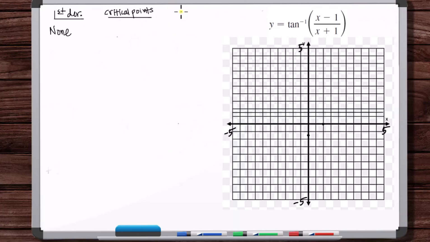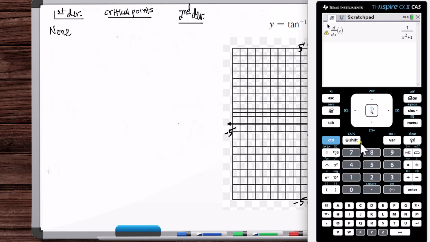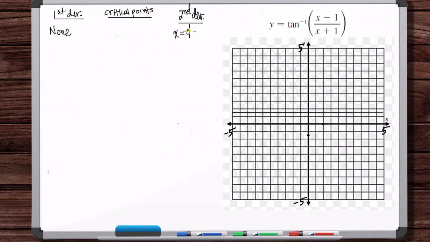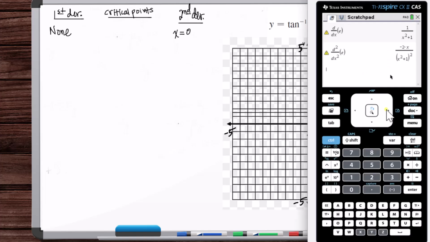What about the second derivative? Okay, it equals 0 at x equals 0, and there's nowhere where this doesn't exist, so that's it.